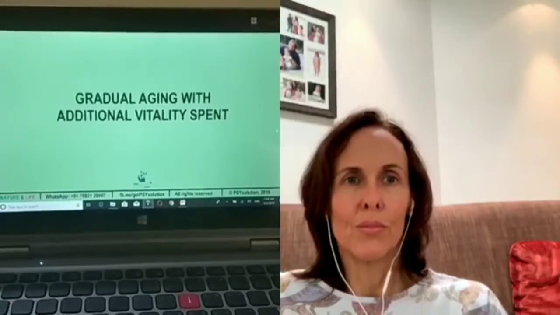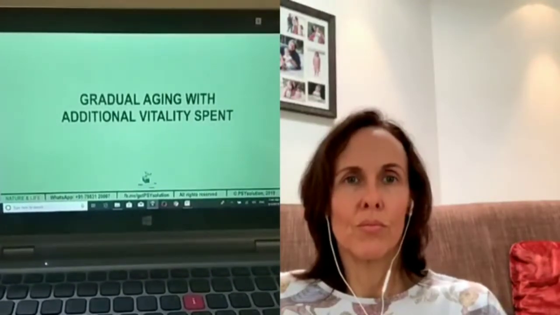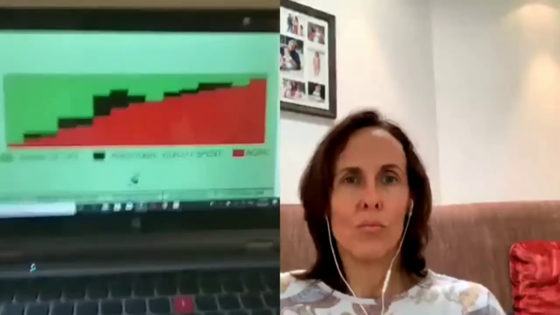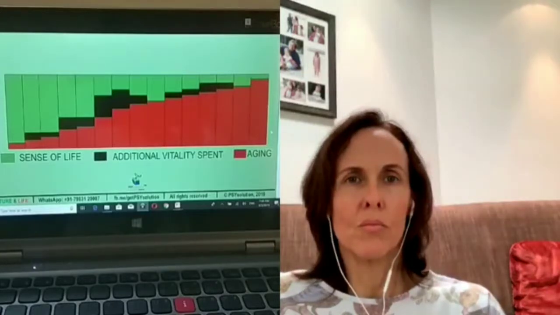Let's see how gradual aging with additional vitality spent happens. It would look like this, where you see the green portion, the sense of life, is there, the aging is there, and also in the portion there is black, additional vitality spent. So this is a kind of life ribbon.